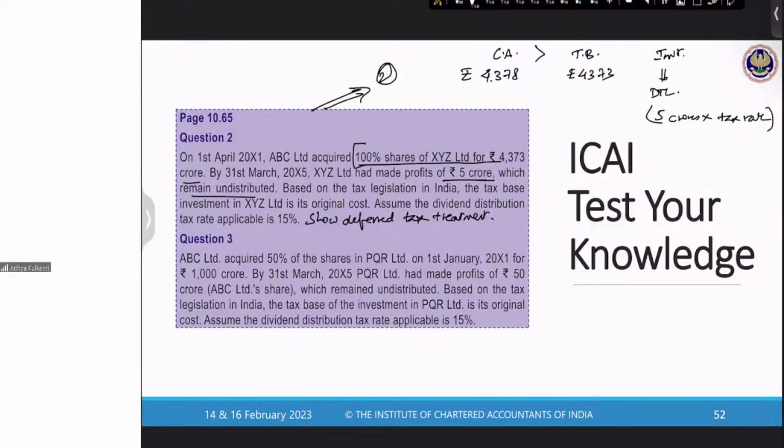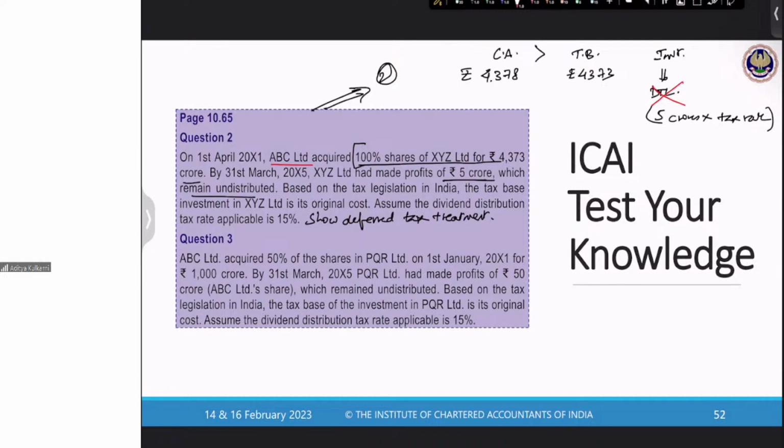And because you can control the distributability of this 5 crores, will you provide the DTL? Answer is no. Unless you have no intention to distribute the 5 crores, you will not recognize this DTL. Who has the authority over these 5 crores distribution? Sir, it is the parent who has the authority. So the parent will have in its mind whether it intends to distribute or not.